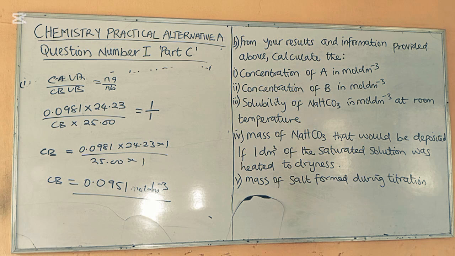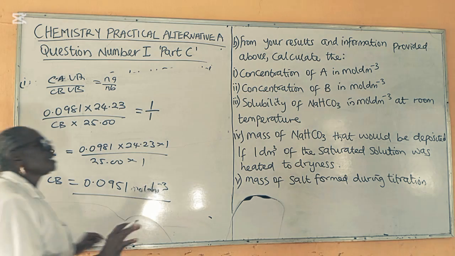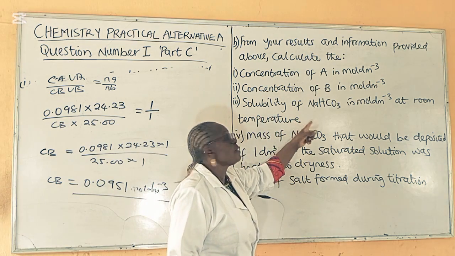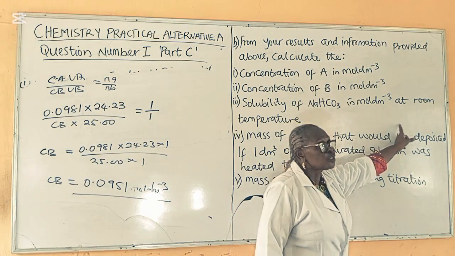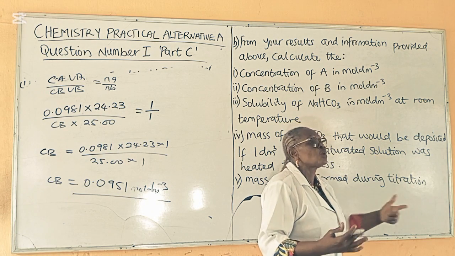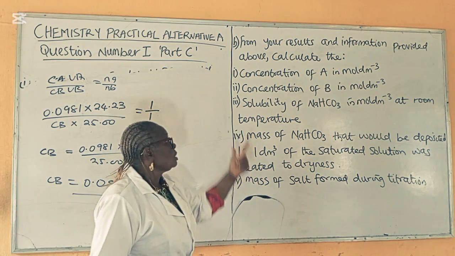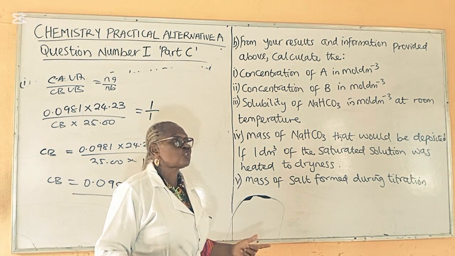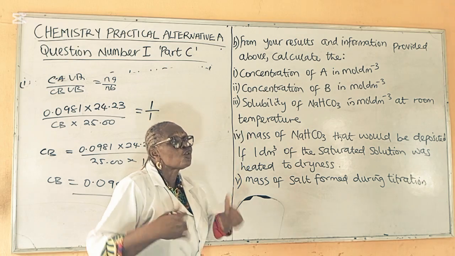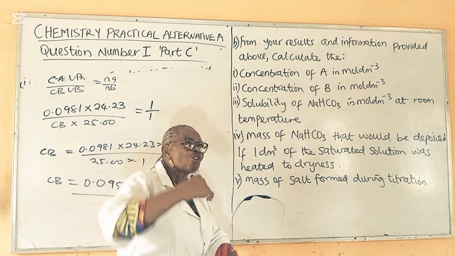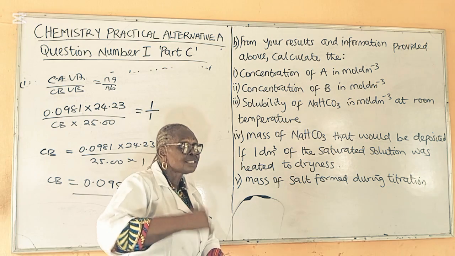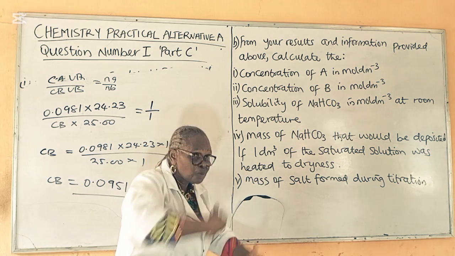Then question number 3, they want you to get the concentration of the saturated solution. So solubility and concentration are the same. The difference between the two is that solubility has to be expressed at a given temperature, either room temperature or another. So the solubility I have to look for now is the original concentration from where the B that was used in titration was prepared.